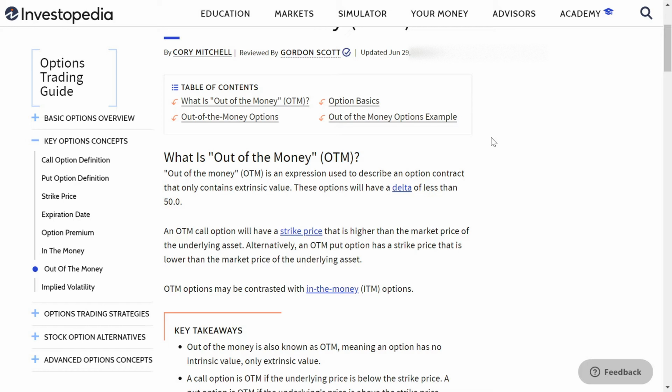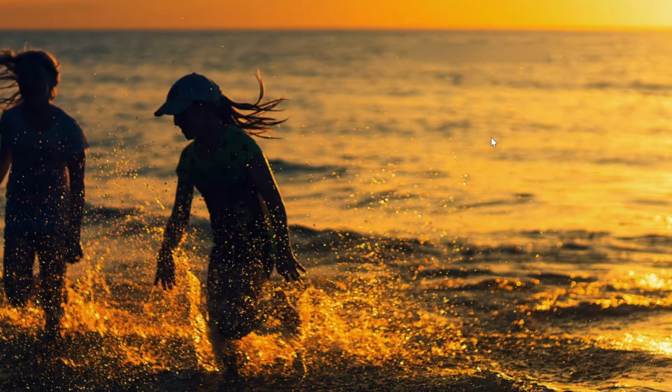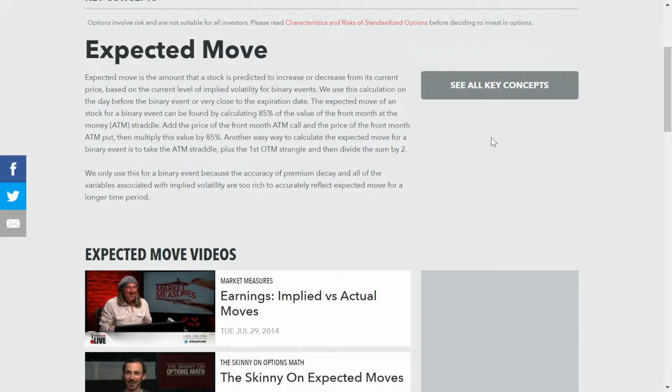They all kind of come together to create that ultimate ending option strike price. But we're going to hop into the next aspect here. Kind of puts all this into perspective, but then we go into the expected move.